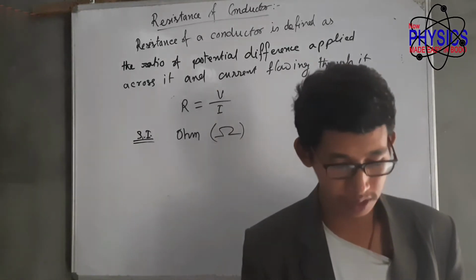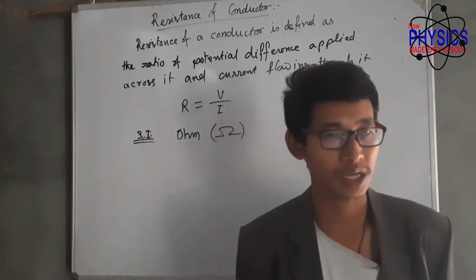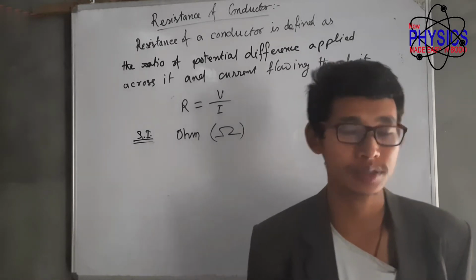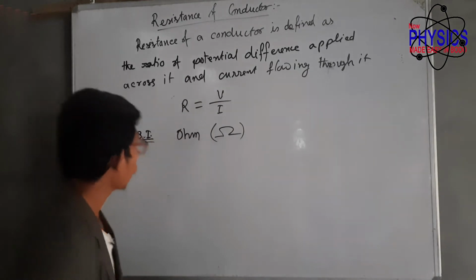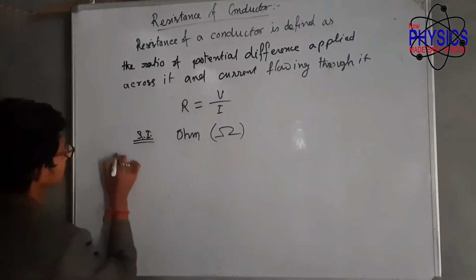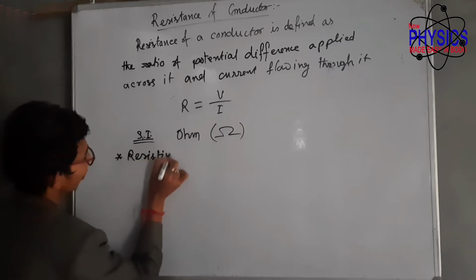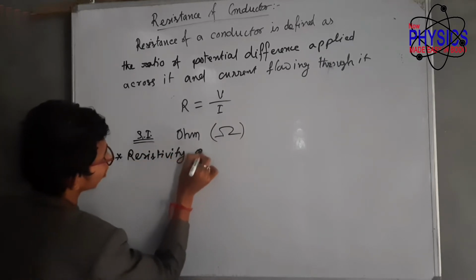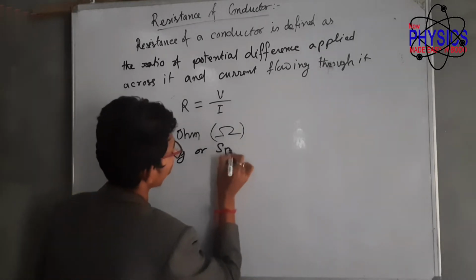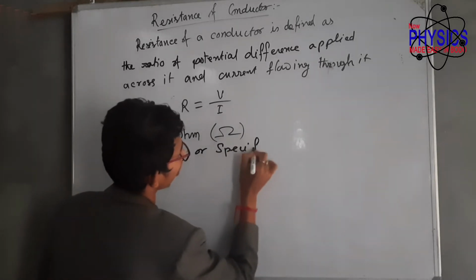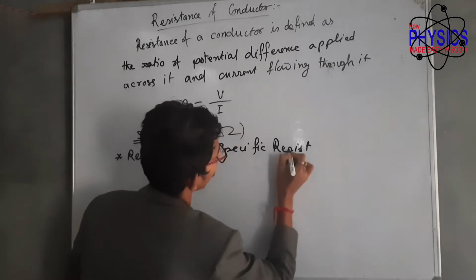So now next topic is resistivity or specific resistance. We already covered it in class 10. What is resistivity or specific resistance? Resistivity, or sometimes it is said as specific resistance.